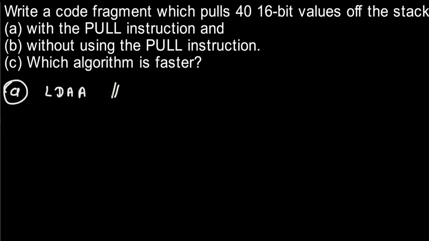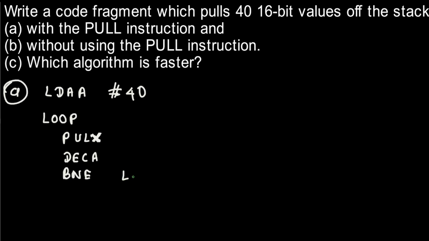LDA, we load the decimal number 40, and then we create a loop, and in this loop we pull X. The X register has 16-bit values. So we do that, and then we decrement A. Then we create a loop by putting a BNE, that is branch not equal to 0, loop.